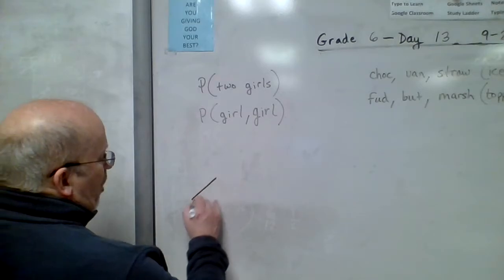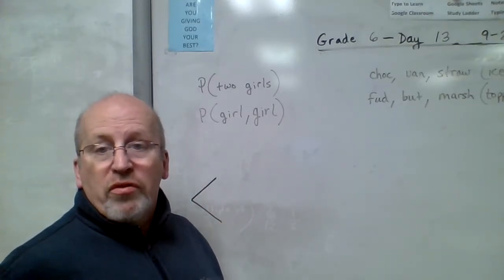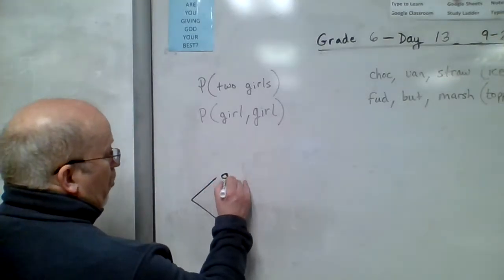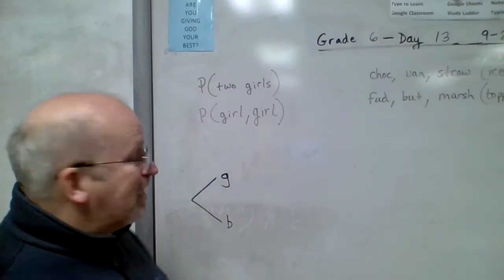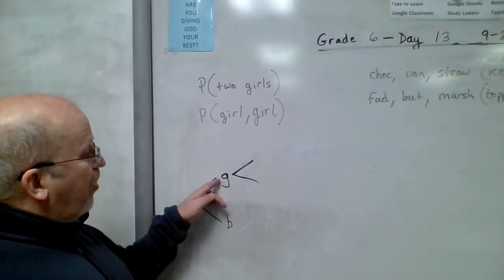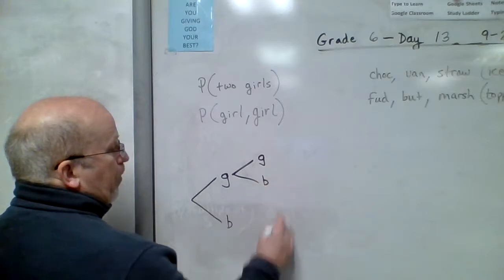When they have their first child, what are the possible types of child they can have? They can have either a girl or a boy, right? When they have the second child, if the first child's a girl, what are their choices? They can either have a girl or a boy.